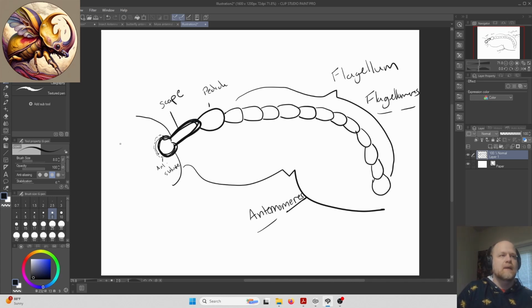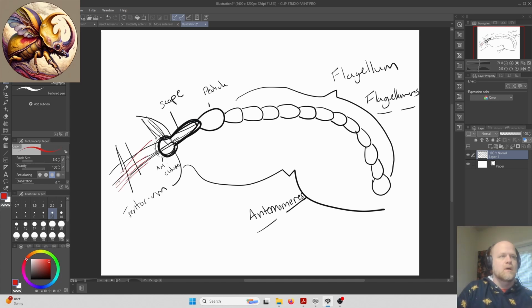How this works is, I've talked about it before, there's this internal skeletal structure made of massive apophyses inside the insect head called the tentorium. And there's heavy musculature attaching the tentorium to the scape, or sometimes the scape to the cranial wall. Let me change this to red. That's what I used last time.